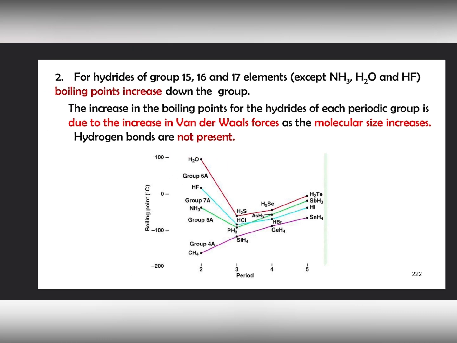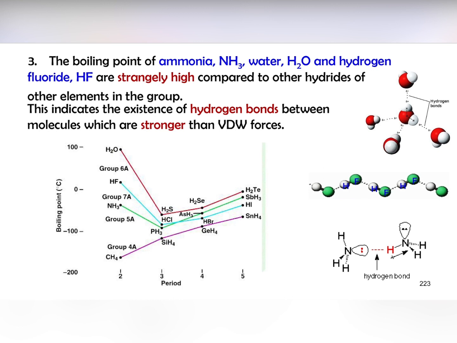Why? Okay, so you can see the boiling point of ammonia, water molecule and also hydrogen fluoride are higher compared to the other hydrides. Okay, so dekat bahagian sini you can see it is higher than others. Okay, so why does this happen? This is because of the presence of hydrogen bond between the molecules.